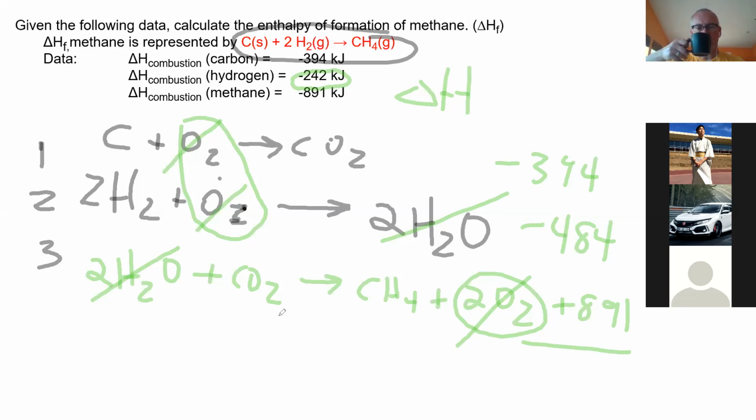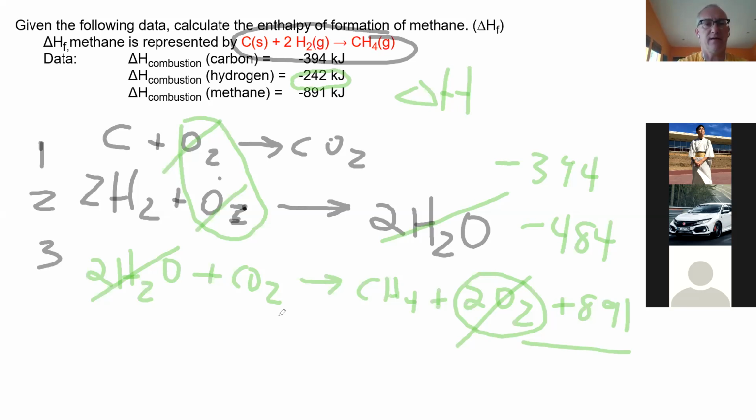Carbon dioxide. Where are my carbon dioxides? In reaction 1 and the newly changed reaction 3. Since we flipped reaction 3, CO2 is now a reactant rather than a product.